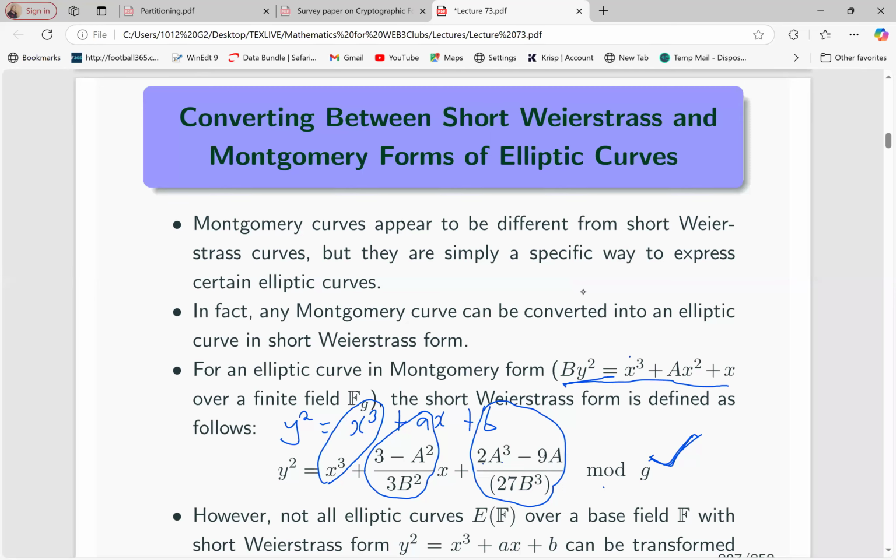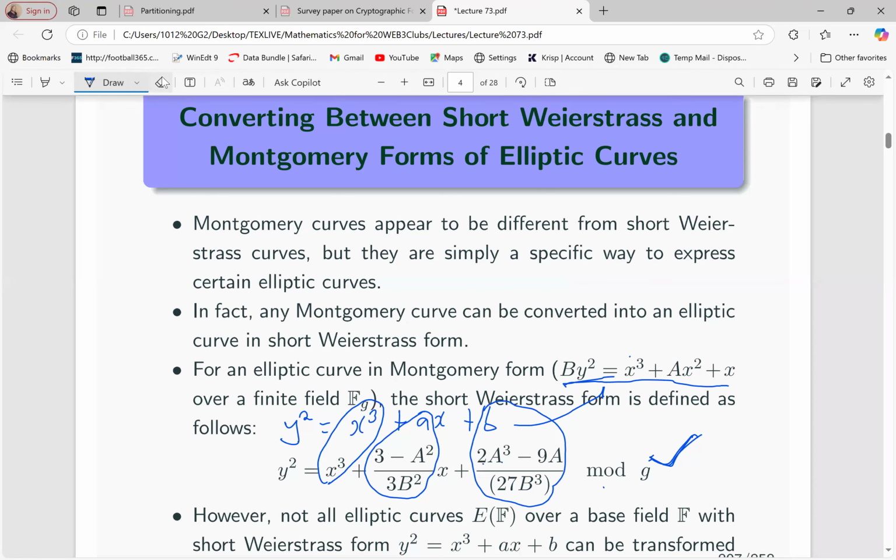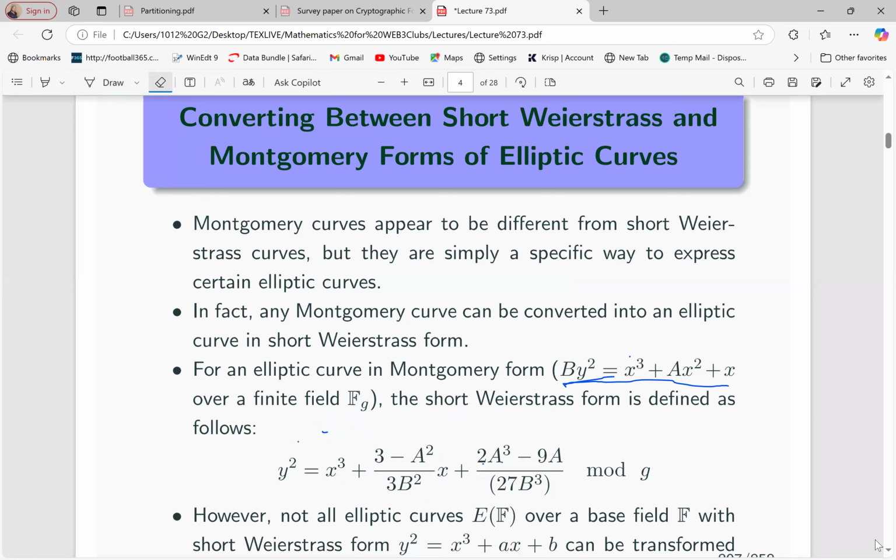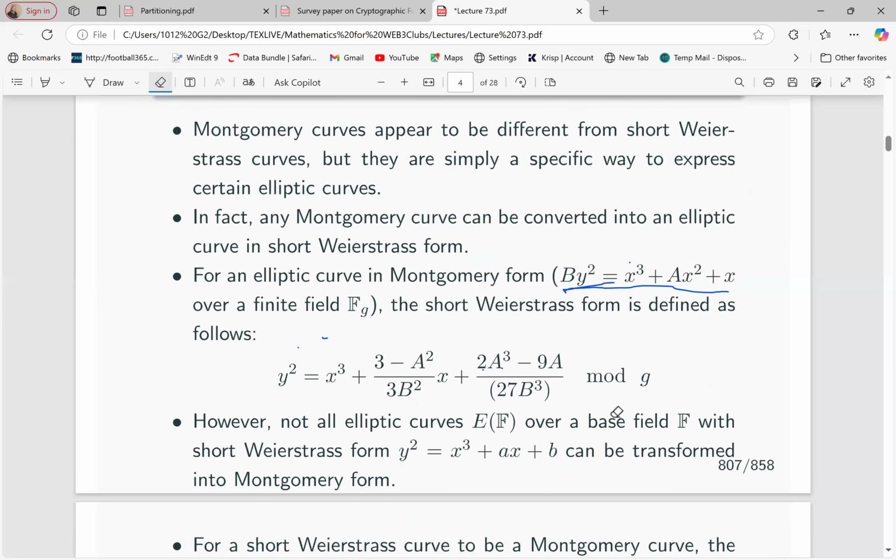So this one is very easy to convert. How you convert from short Weierstrass to that, we shall look at later. But converting from Montgomery, this is the formula we'll be using to convert to short Weierstrass.